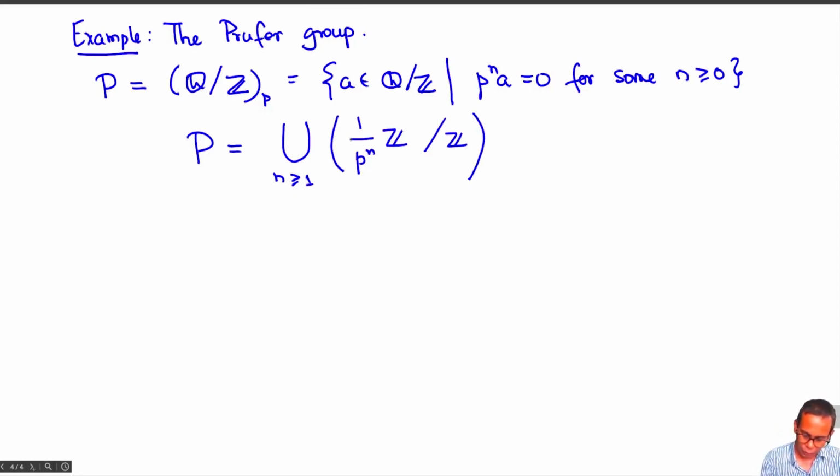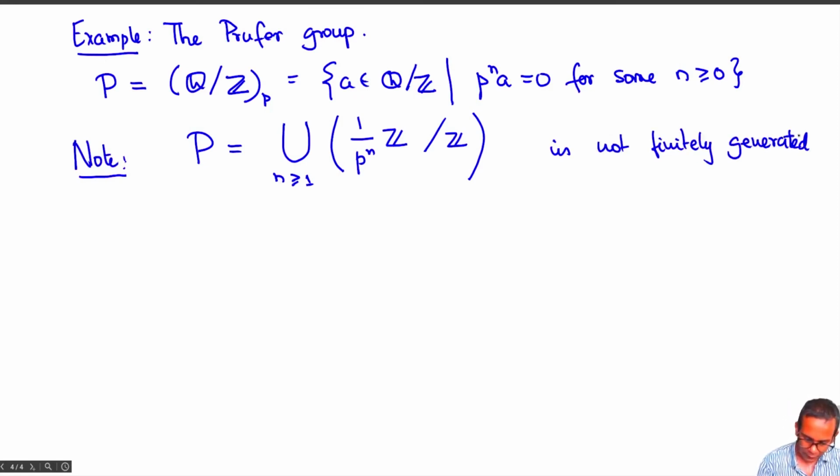And this group, 1 over P to the n Z mod Z, is of course just isomorphic to Z mod P to the n Z, just scaling everything up by a factor of P to the n. And P is not finitely generated, and it doesn't satisfy the ascending chain condition.